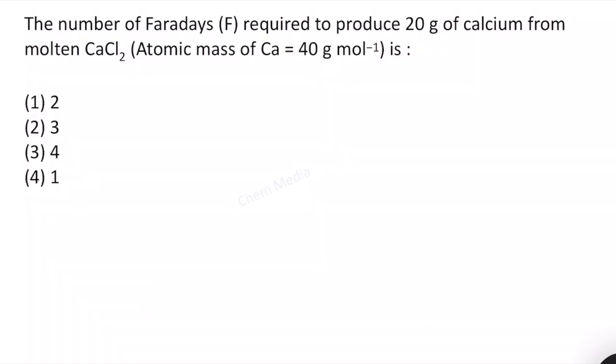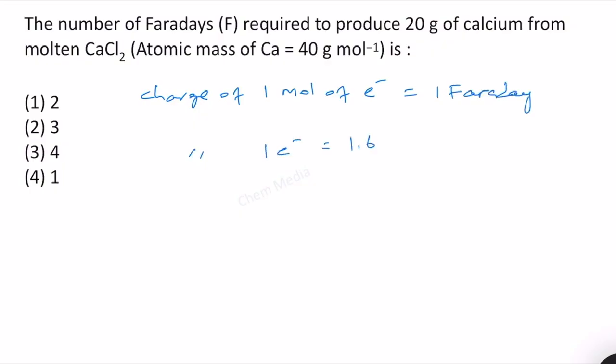The number of Faradays required to produce 20 gram of calcium from molten calcium chloride is how much? Atomic mass of calcium is given. First of all, let us understand what is 1 Faraday. Charge of 1 mole of electrons is equal to 1 Faraday. Charge of 1 electron is equal to 1.6022 times 10 to the power minus 19 coulomb.